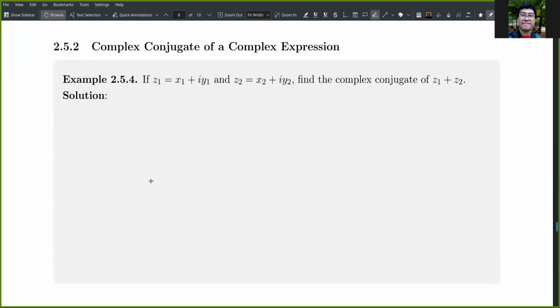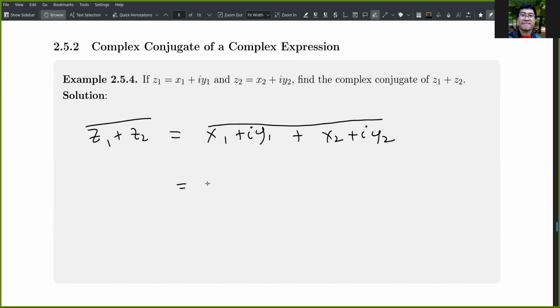Now let's write the complex conjugate of z1 plus z2. So z1 plus z2 in complex conjugate form, that would be x1 plus iy1 plus x2 plus iy2, all taking the complex conjugate.